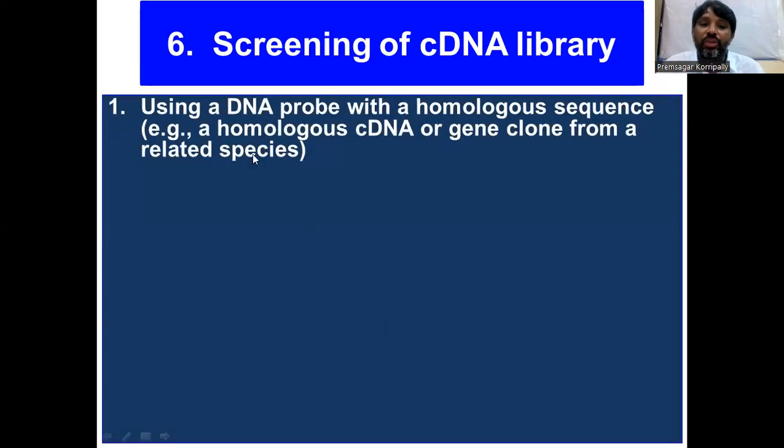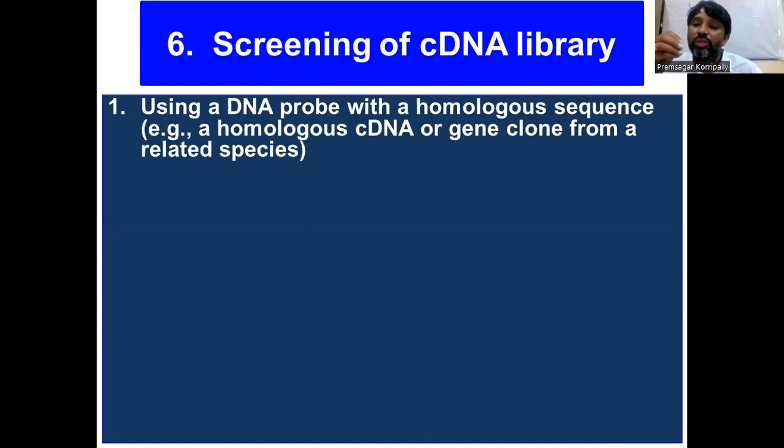The first one is using a DNA probe with homologous sequence, for example from related species. Chimpanzees, gorillas, humans and monkeys are related species. They share about 98% similarity in the genome. Suppose the human genome is completely sequenced, right?